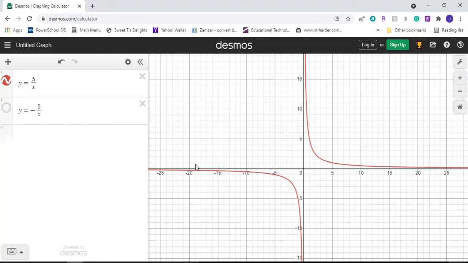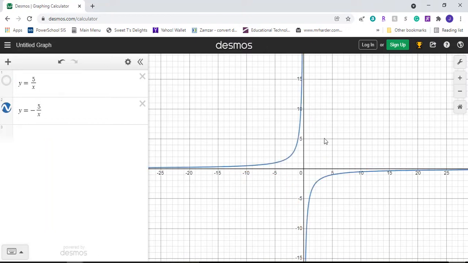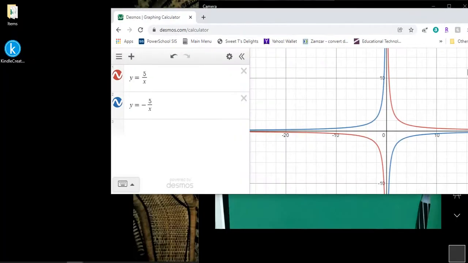So this would be y is equal to 5 over x. And you could pause it and copy this. Or you could go here and you have y is equal to negative 5 over x. Or if you want to, you can take a look at both. Okay, so that basically takes care of A.